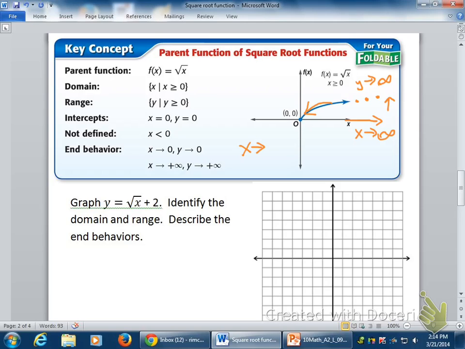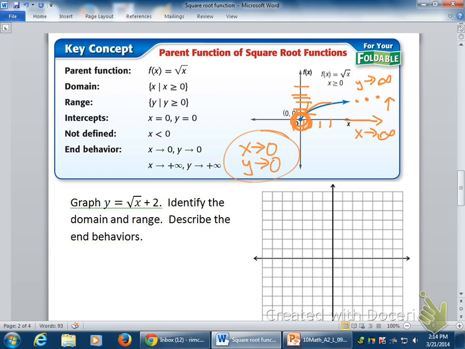So what's my lowest x? 0. So as x approaches 0, what does y approach? It also approaches 0. It was up here, and it starts working its way down, down, down, down, and it approaches 0. So this is going to be the end behavior. It has to do with where this point is, where the whole thing starts.